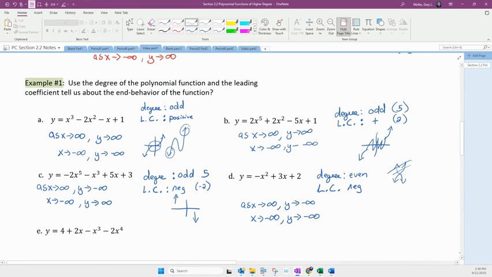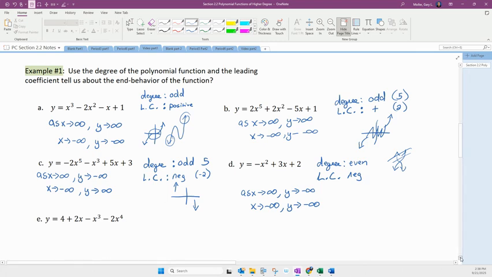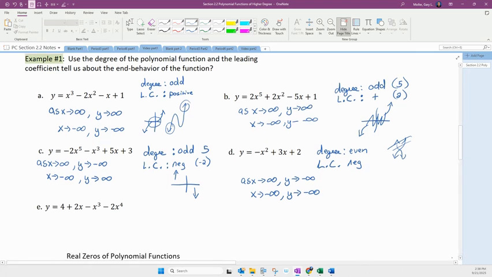All right, and on this one, I have not written in standard form, and so we just have to realize that my degree is 4, so that is even, and my leading coefficient is not positive 4, right? It's whatever is on the highest degree term, so that would be negative because it's a negative 2.